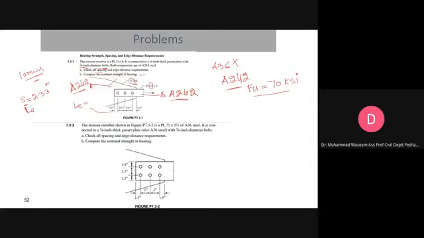Le is 1.5 inch. This is the requirement of the code. H is 15/16 inches. This Lc is 1.031 inches.